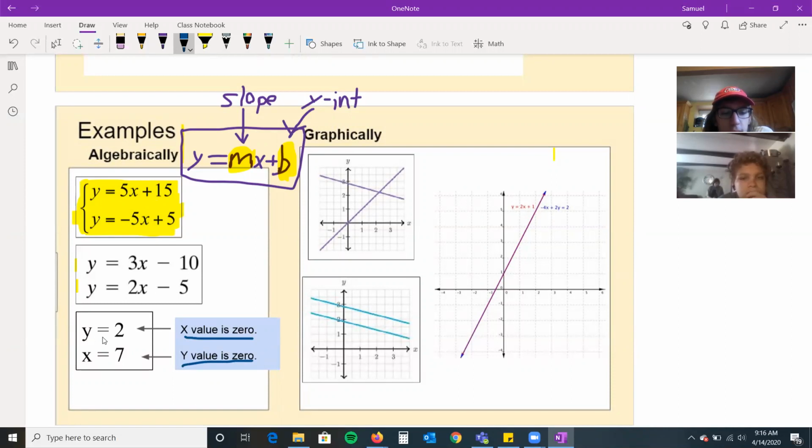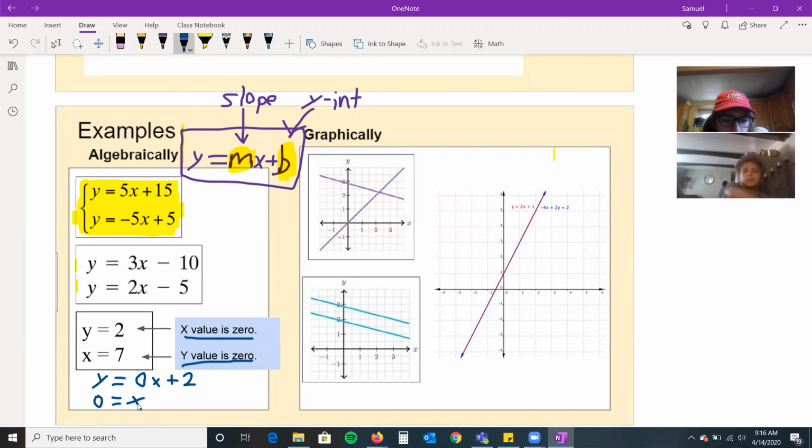Okay, so if I wanted to write it as close to slope-intercept form as possible, I could say y equals 0x plus 2. That's really what this is. Y equals 0x plus 2. And if you want to be writing this on your slides as well, you could. And so this one then would be, if I subtract the 7 over, y, which is a 0, equals x minus 7.